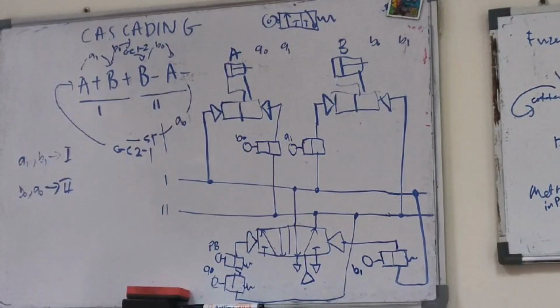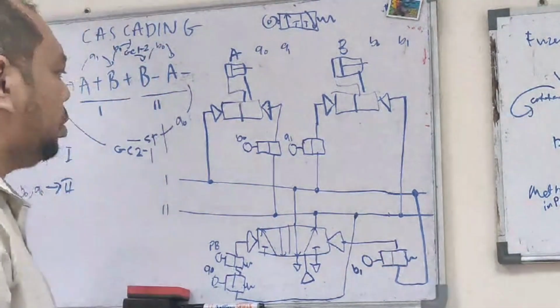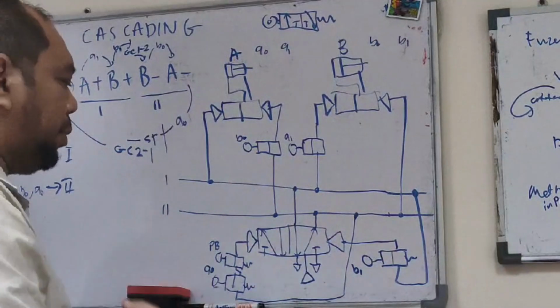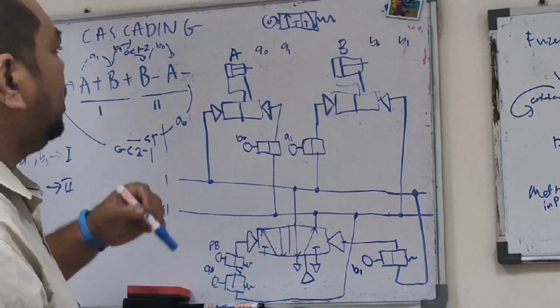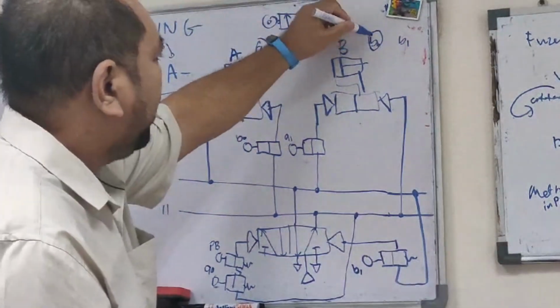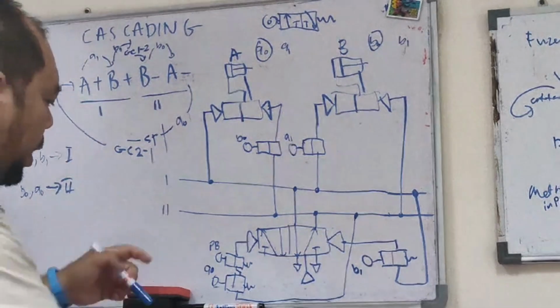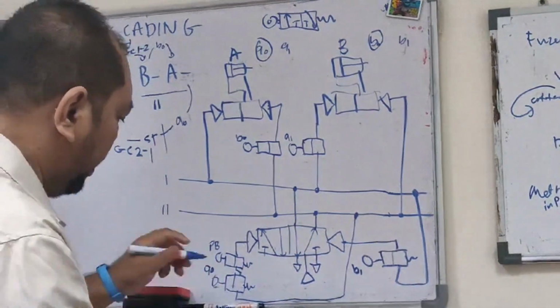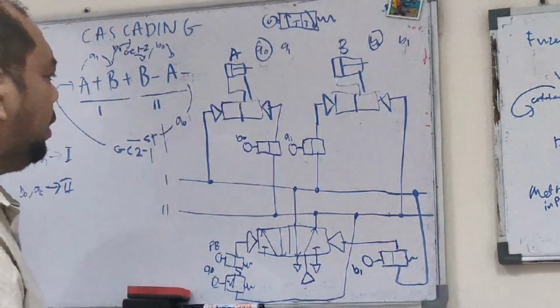You analyze again what happens. Okay, so this is step 1. Step 2 is you analyze the initial condition. Initial condition: A0 activates, B0 activates, when both are in retraction. So A0 will activate here, and B0 will activate.